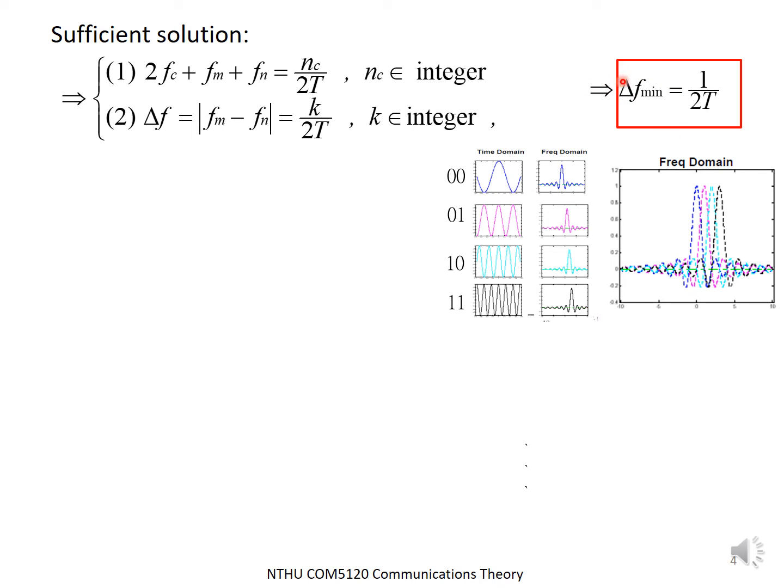So the bandwidth would also be linear to the number of different transmission symbols. The total bandwidth will be equal to M times delta F minimum.